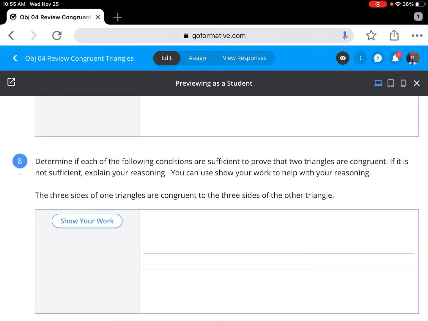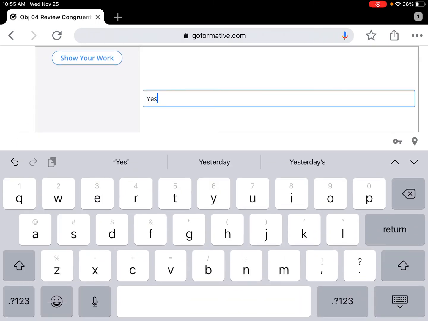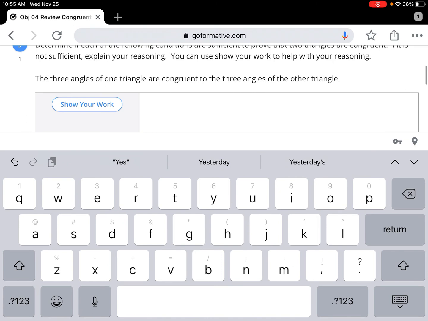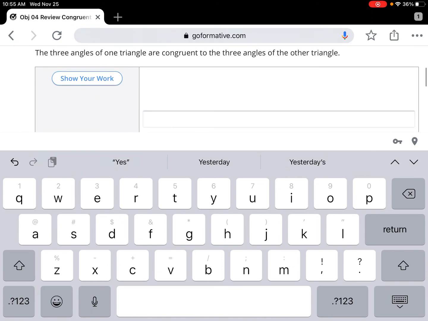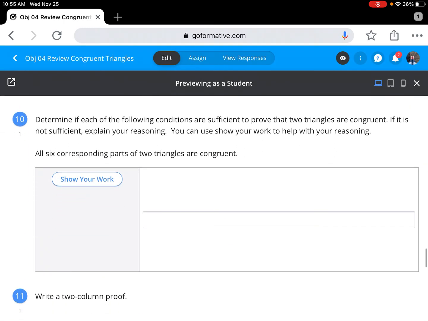Next one, if three sides of one triangle are congruent to three sides of another triangle, that's going to be yes, that's side, side, side. So we don't have to do it. Three angles of one and three angles of another. This is going to be no, because the sides could be different sizes. Okay.